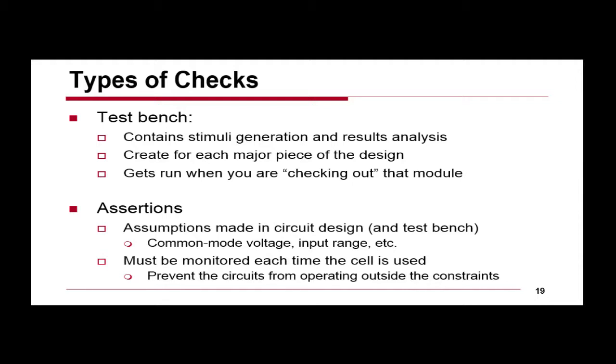I need to know what those are, because if I use that cell in a different environment, those checks might no longer be valid. OK? And those assertions must then be used in the Verilog or in the model to make sure that in every instance that you use the cell, you're not screwing up its environment.